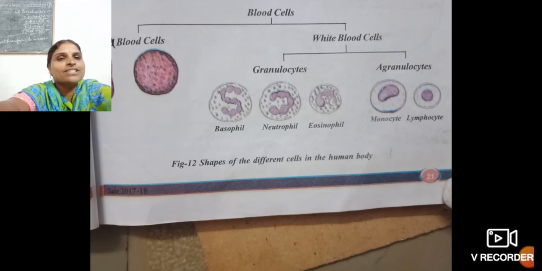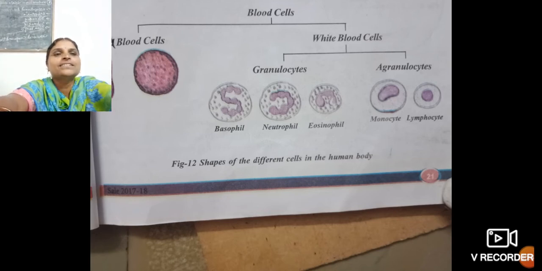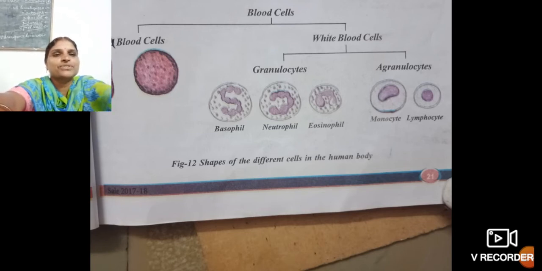In agranulocytes, the granules are absent in the cells. The granulocytes are divided into three types: basophils, neutrophils, eosinophils. Agranulocytes are divided into two groups, monocytes and lymphocytes.